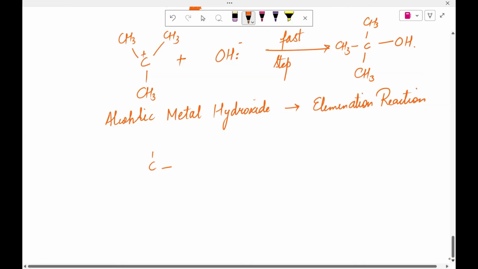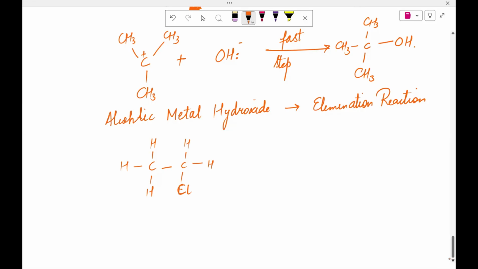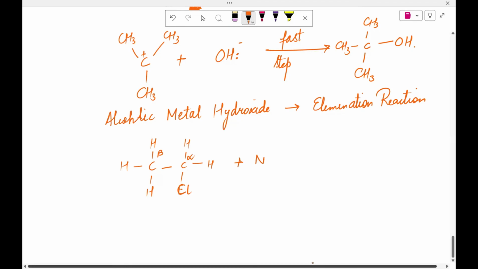So this is basically a halogen alkane, hydrogen here, this is carbon, hydrogen here, this is a chlorine group, and this is hydrogen. We know the carbon which is attached to the halogen is the alpha carbon, and the one which is attached to this alpha is the beta carbon.